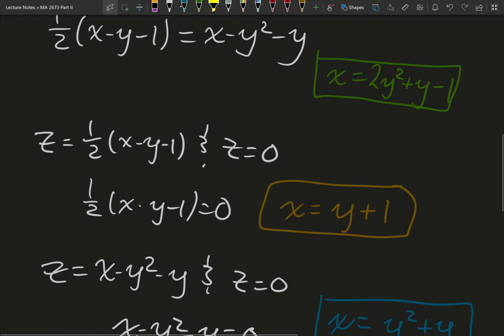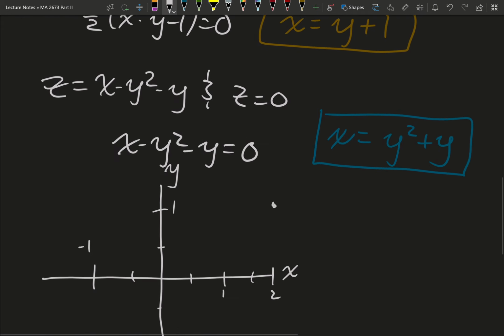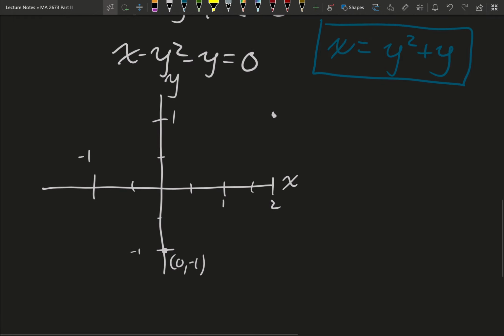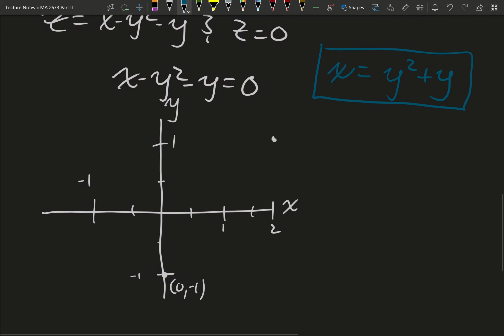Same thing up here, and lastly down here. And similarly, if I plug in y equals -1, I get x equals 0. Okay, so I'll go ahead and plot these points.